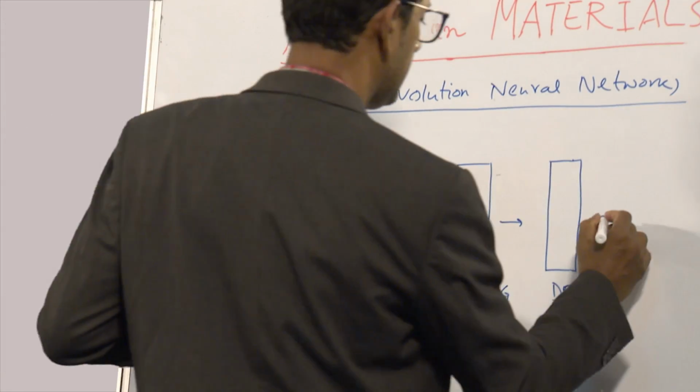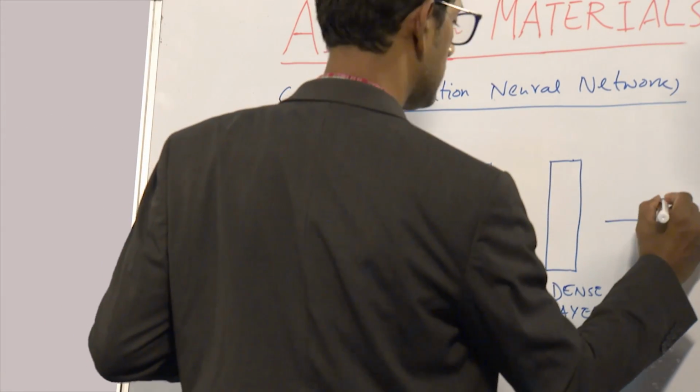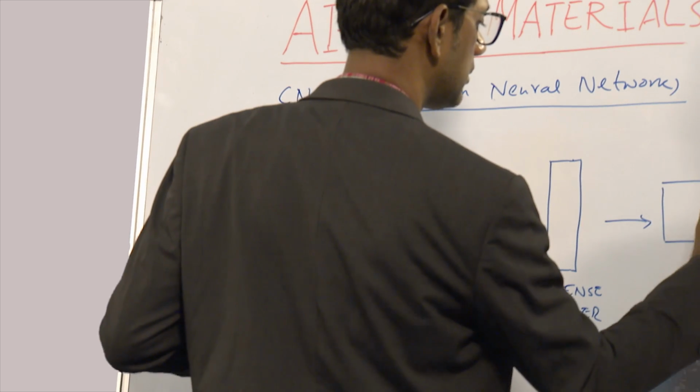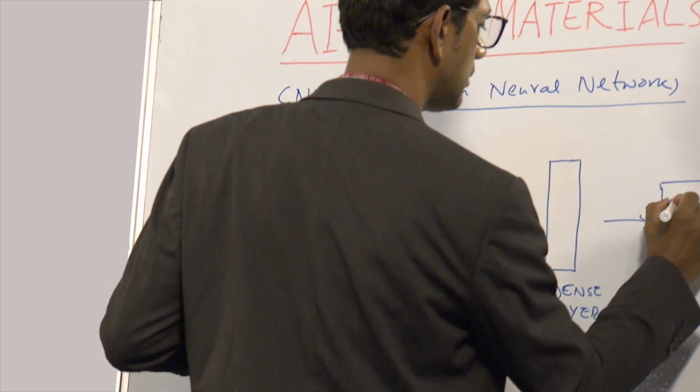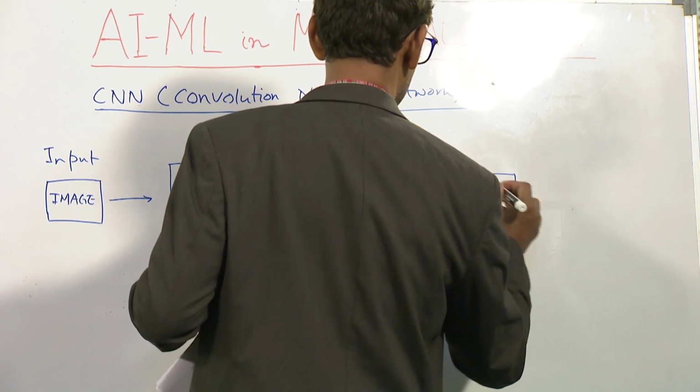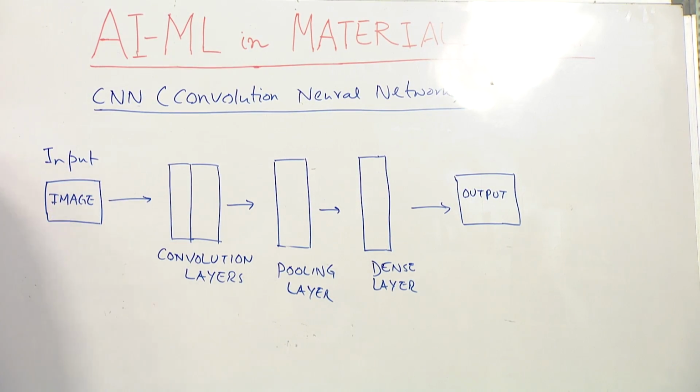And finally, you get an output. That is the basic structure of CNN.